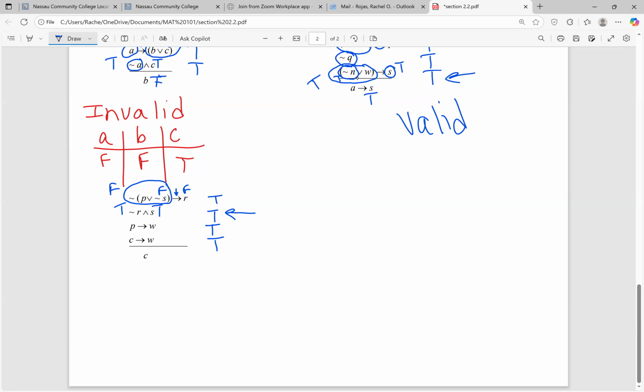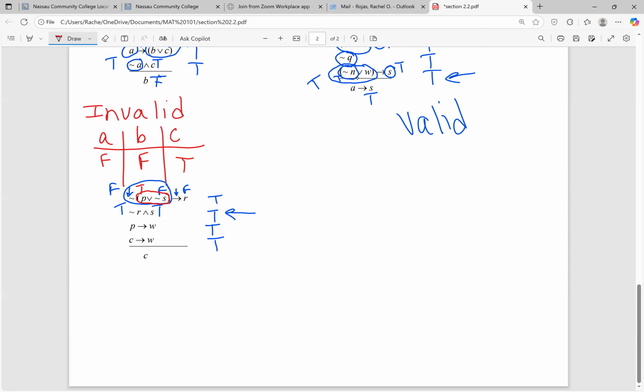So now we need this or statement to be false, right? The statement that I circled here, the left-hand side of this conditional. We need the whole thing to be false, but it's being negated. So whatever this or statement is has to be true, right? Because with the negation in front of it, it makes it false. Now, if not S, the right-hand side of the or statement is false, the only way that this or statement could be true is if P was true.